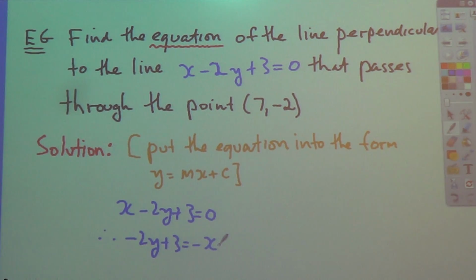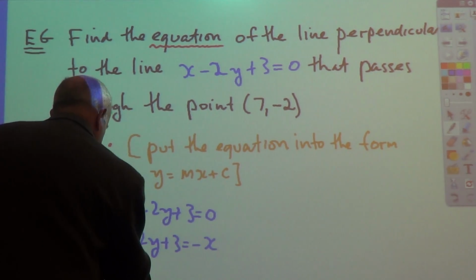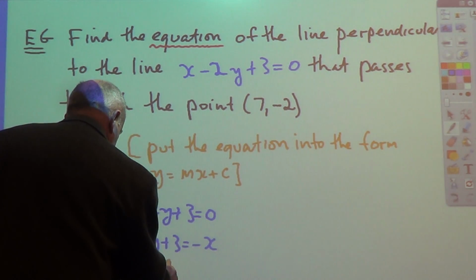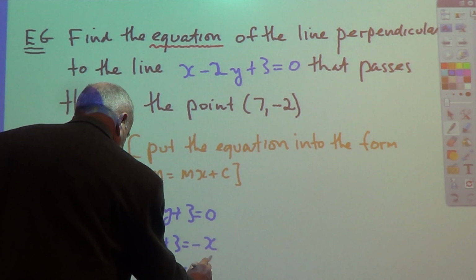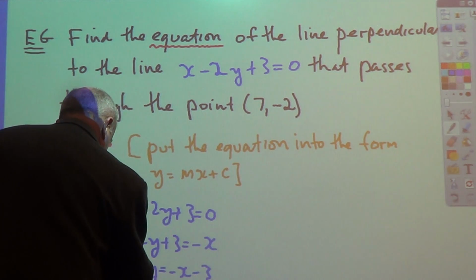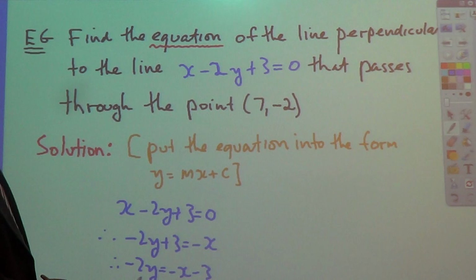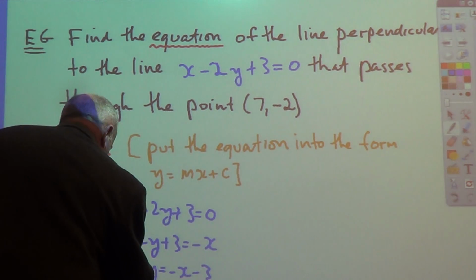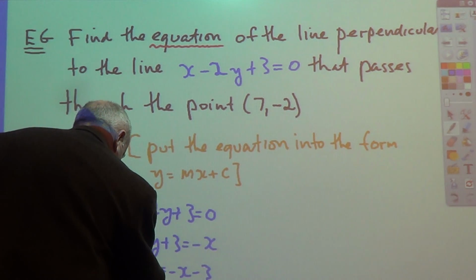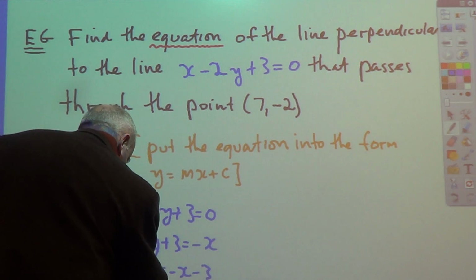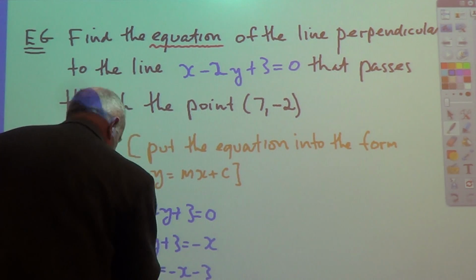And the next step would be to subtract 3 from both sides, and then to divide both sides by negative 2. So y equals negative x minus 3 on negative 2.